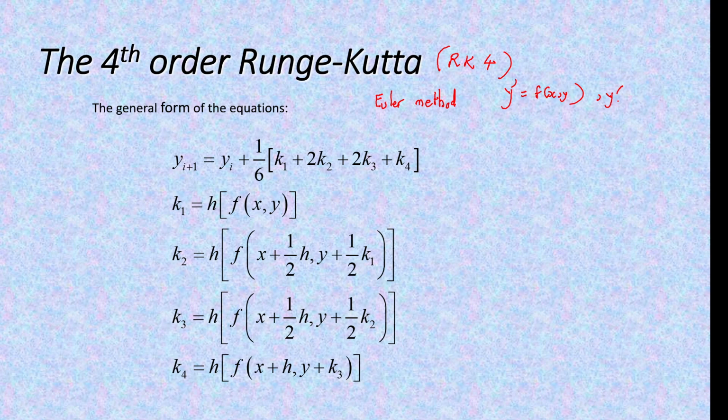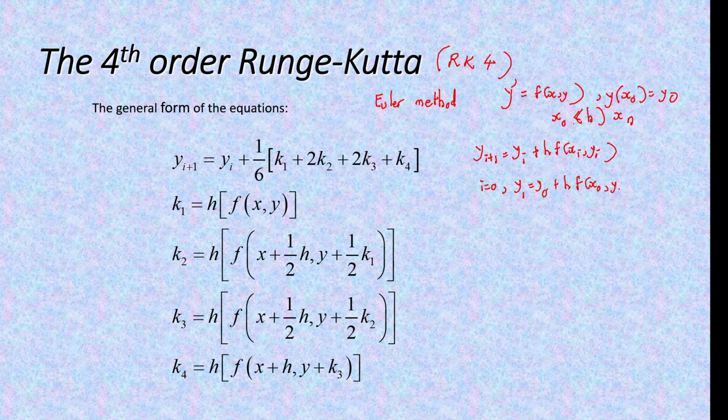Let's say when x equals x naught, y equals y naught, and you solve it for x from x naught, with increment h, up to the last value x n. Using the Euler method, y i plus 1 equals y i plus step size h multiplied by f x i y i. Given i equal to 0, you can find y1 is y naught plus h f x naught y naught. So this is the Euler method.